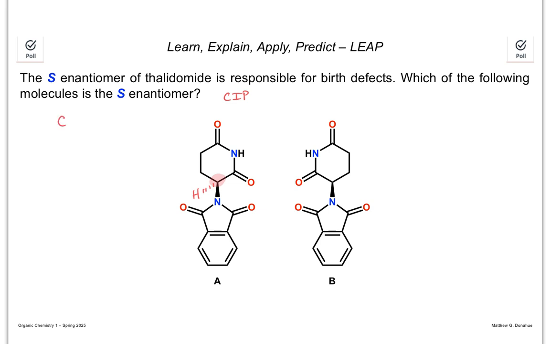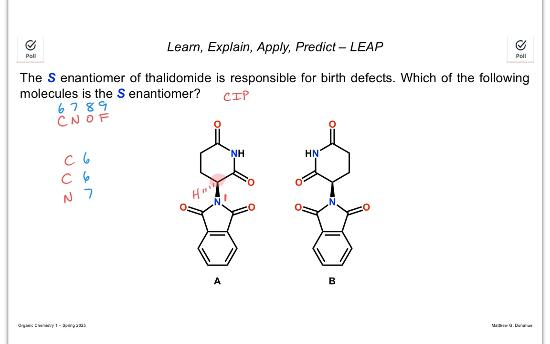On our periodic table, let's write in the atomic numbers: 6, 7, 8, and 9. We have C, C, and N, so 6, 6, and 7. So the nitrogen gets the highest priority of 1.